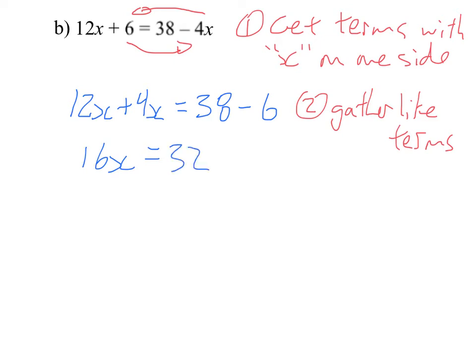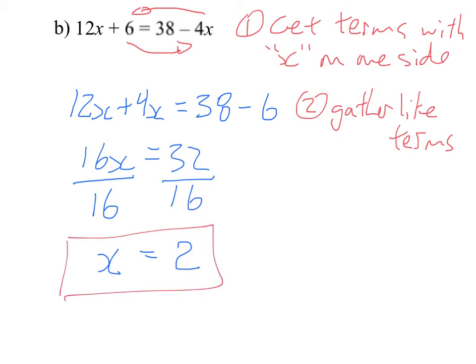But again, I don't want 16x. I just want x. X is being multiplied by 16, so we do the opposite. And whatever we do to one term, we have to do to every term in the equation. So over on the other side, there's just 32. So I divide it by 6, and we get x is equal to 2. Final answer. All right? So that's B.